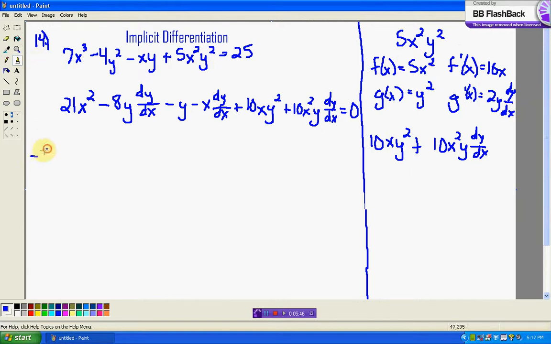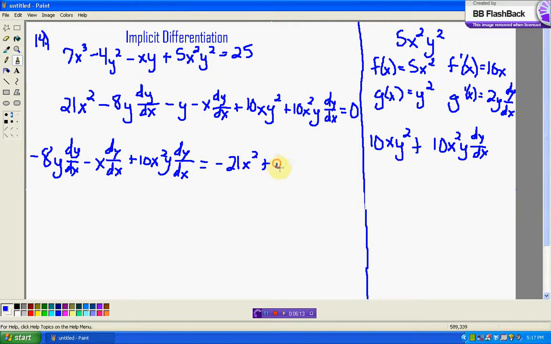So, I think you guys are advanced enough to see that we get dx minus x dy dx plus 10x squared y dy dx equals, subtracting everything, negative 21x squared plus y minus 10xy squared. If you don't see that, I move this term over, I move this term over, and I move this term over. So now we need to factor out a dy dx because it's in each of these terms.